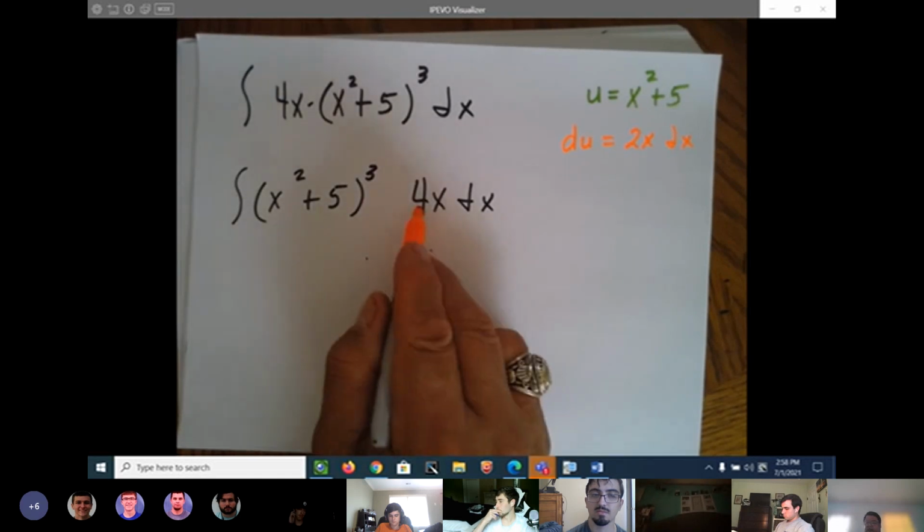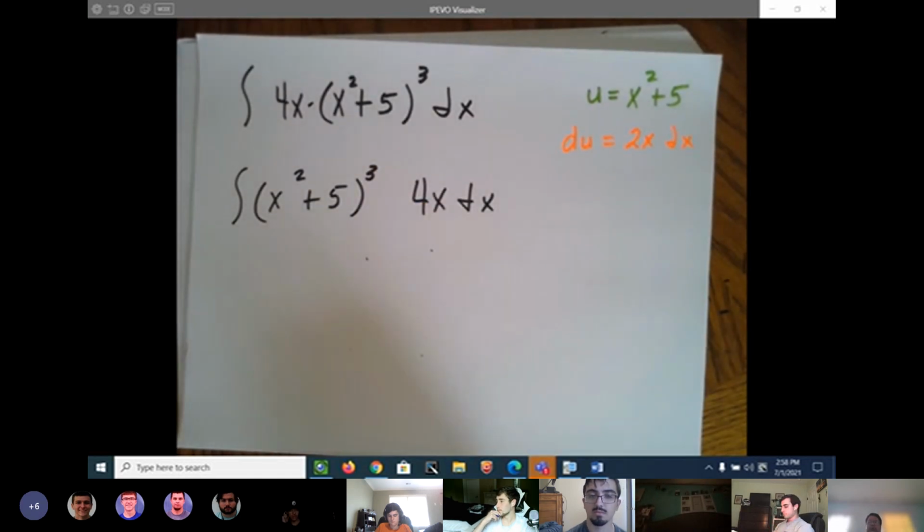How can we make a 4 look like a 2? Divide it, or multiply it by what? I don't like to use the word divide. Multiply it by what? 1/2. Okay, so as y'all know I like my colors, I'm going to put a yellow 1/2 right here beside this 4.